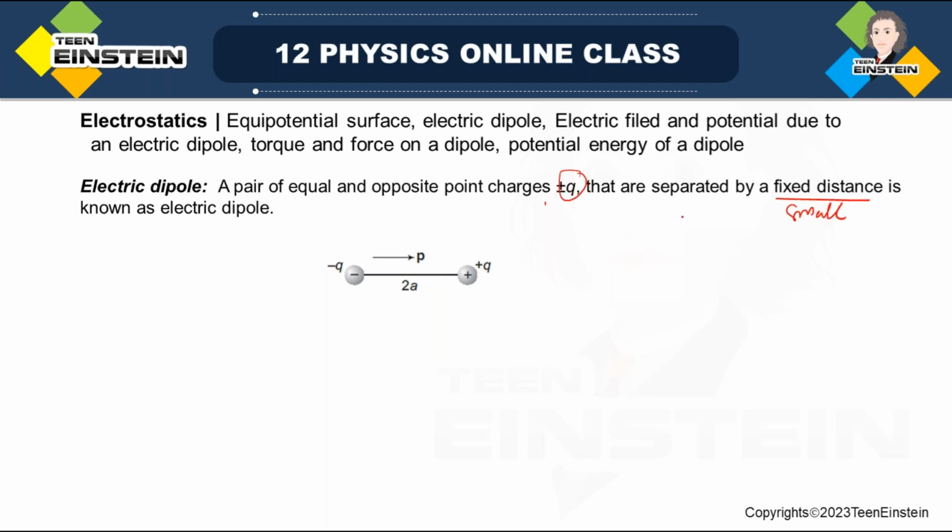This distance will not vary at any cost. Here you can see this is the minus charge and this is plus q. Both are separated by a distance 2a, which is very, very small.